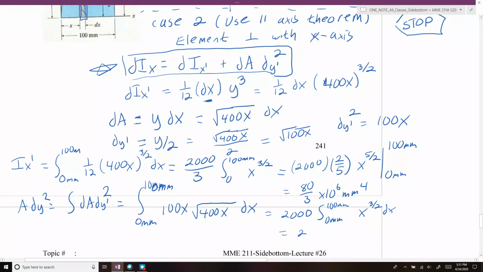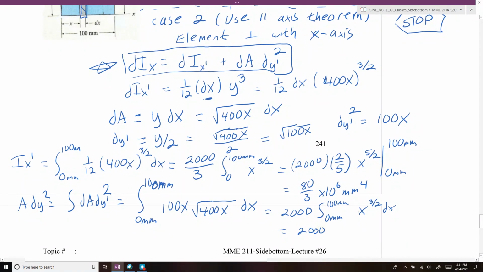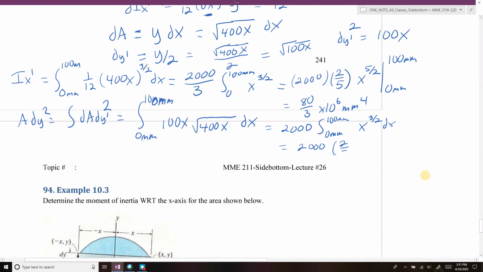So we end up with 2000 times 2/5 times x to the 5/2 from 0 millimeters to 100 millimeters, and if we plug all that in, we get 80 times 10 to the 6th millimeters to the 4th.